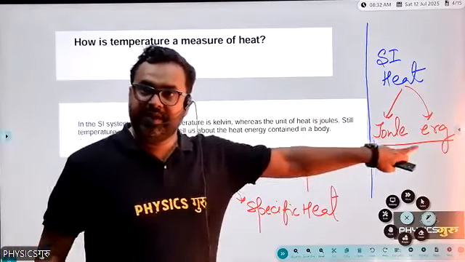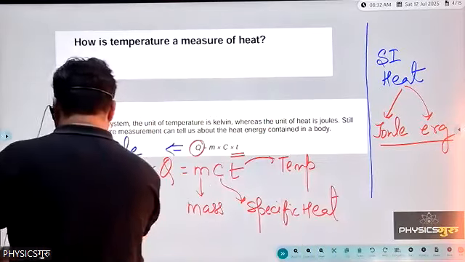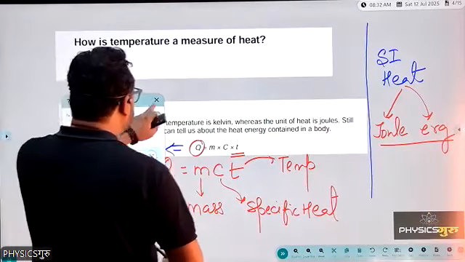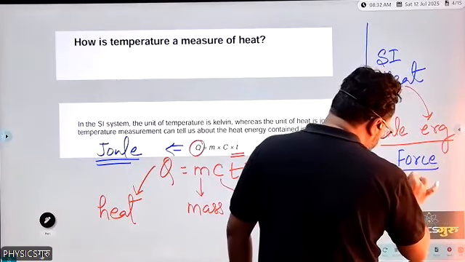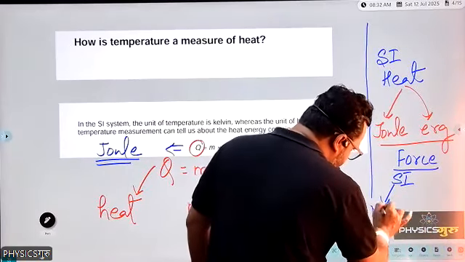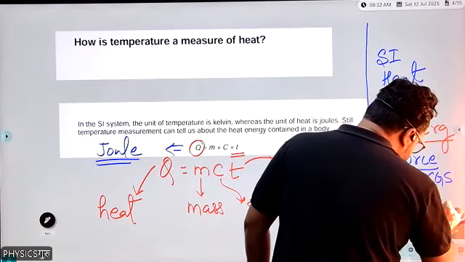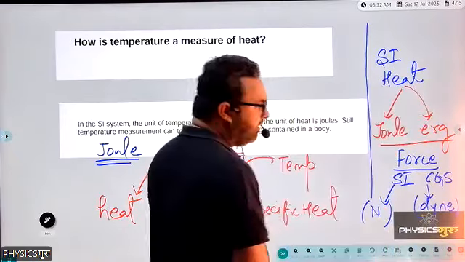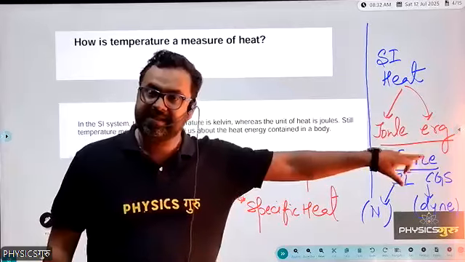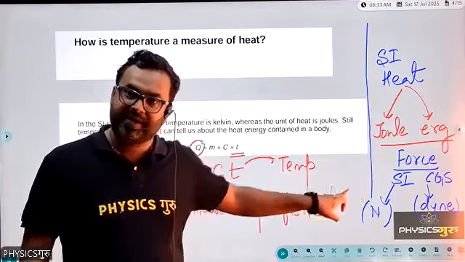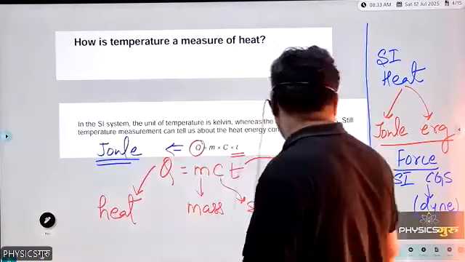In case of force, the SI unit is Newton and the CGS unit is dyne. I repeat, SI unit for heat is joule, CGS unit is erg. Similarly, for force, SI unit is Newton, CGS unit is dyne. It is important to note that.